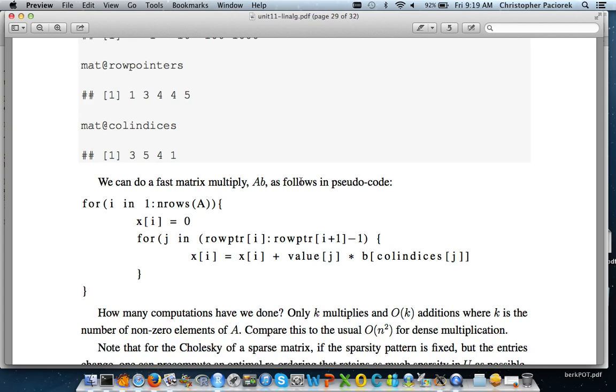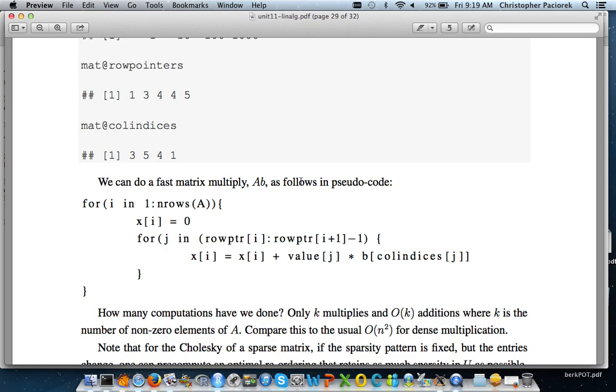And then basically we're going to do a second loop that loops over this row pointer vector. So it's looping over whatever's contained in here. By looking at 1 and then 3 being the next one, we know we're going to grab out the first and the second elements from this column, and then the fact that it goes from 3 to 4, from the second to the third row, means we're only going to grab out one element.